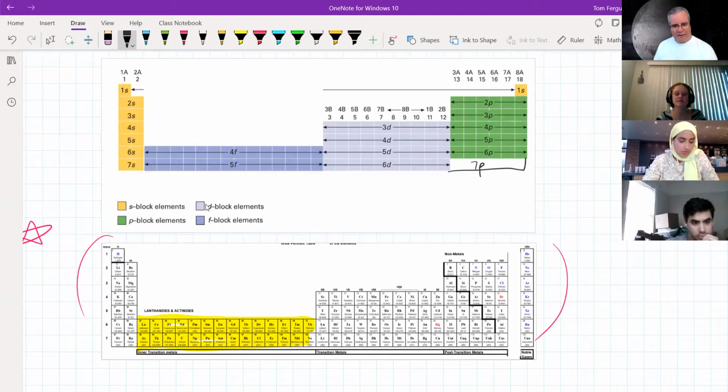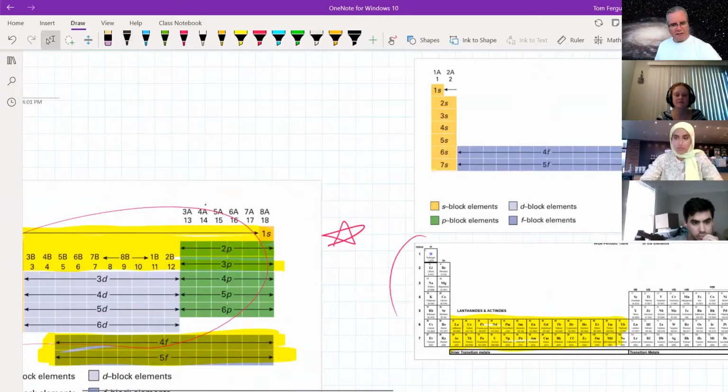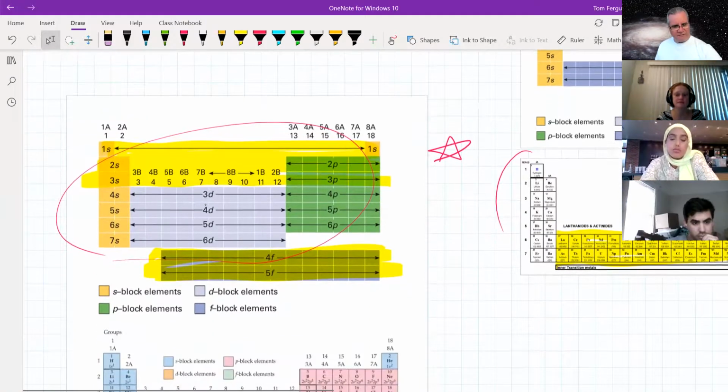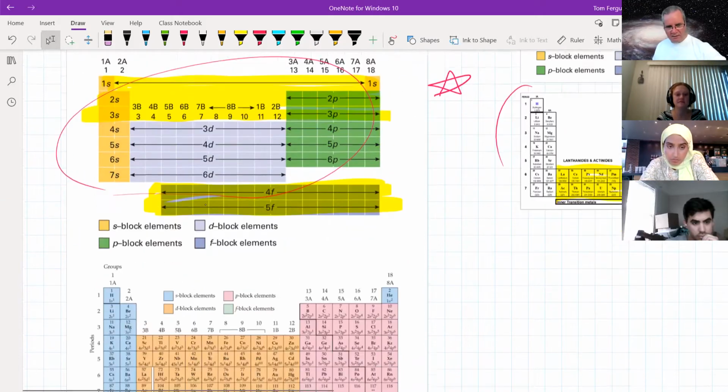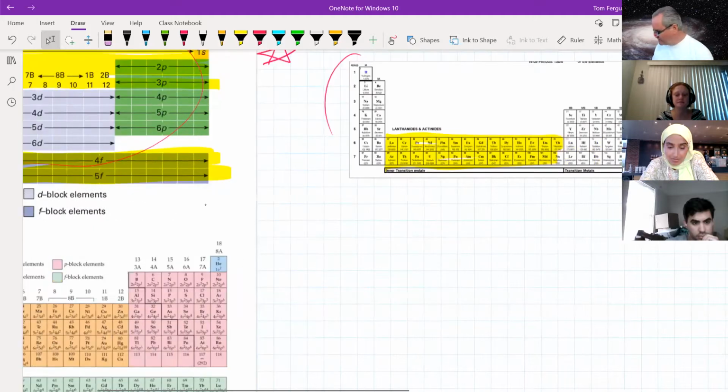Okay, so are there any questions about any of the electron configurations for the first 3 periods? Hopefully, some of you have gone back and actually practiced some of these. For example, let's do a quickie here. Let's do oxygen.